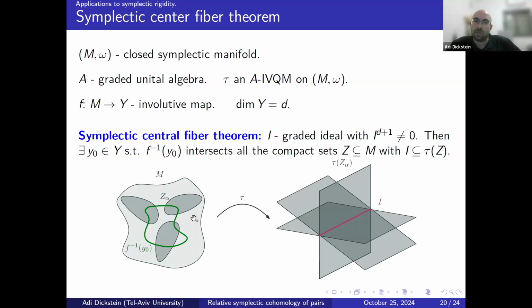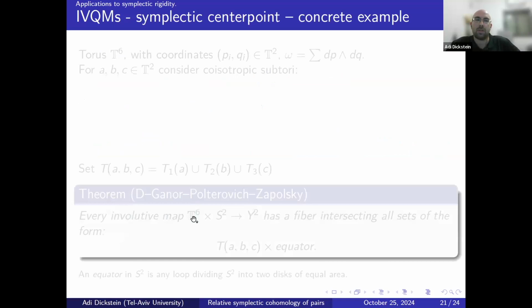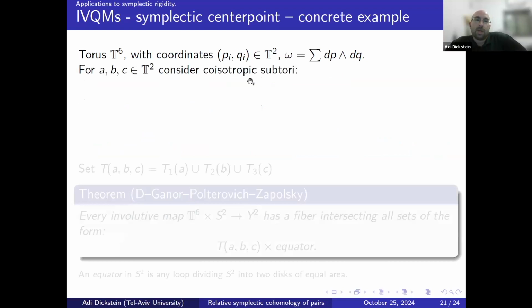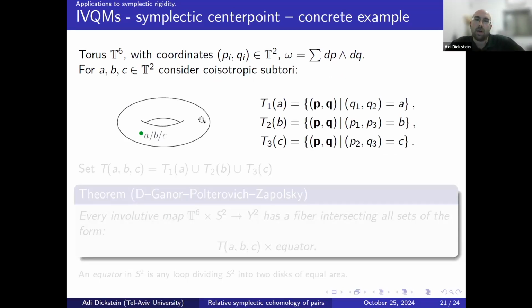Let me show you a specific example of this. On the 6-torus with coordinates p_i and q_i, we can consider three families of 4-dimensional coisotropic subtori as follows.